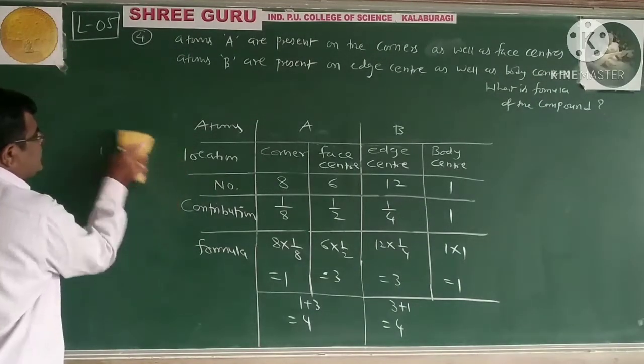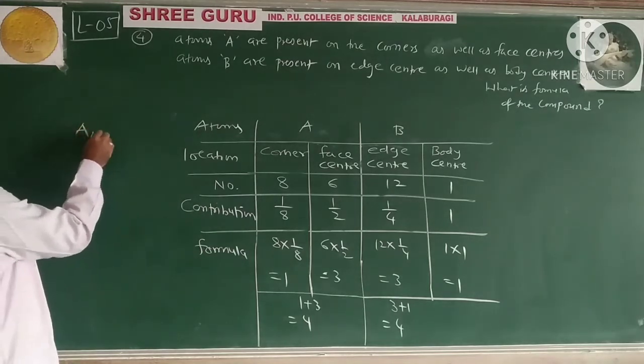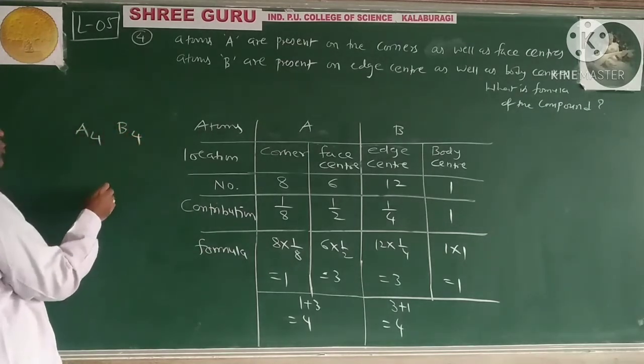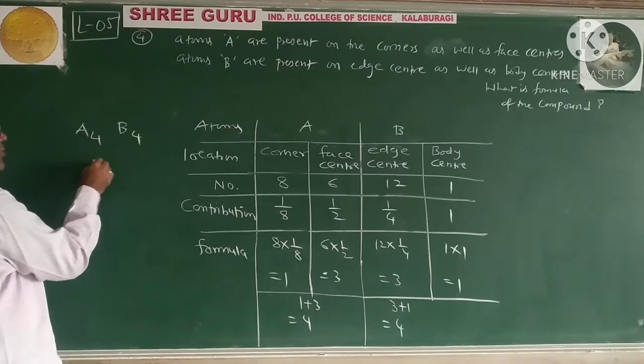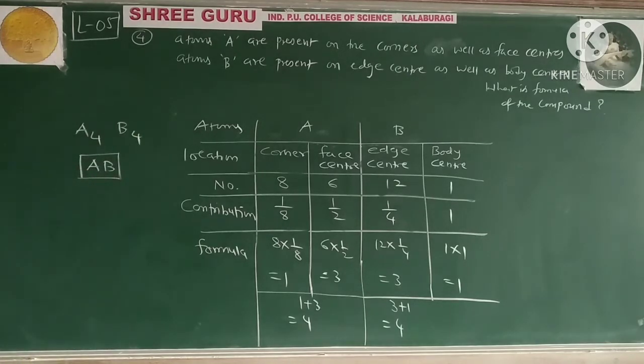So what should we say here? A 4, B 4, divide by 4. So AB should be the formula of this particular compound, right? So this is question number 4. Quickly we will go to question number 5.